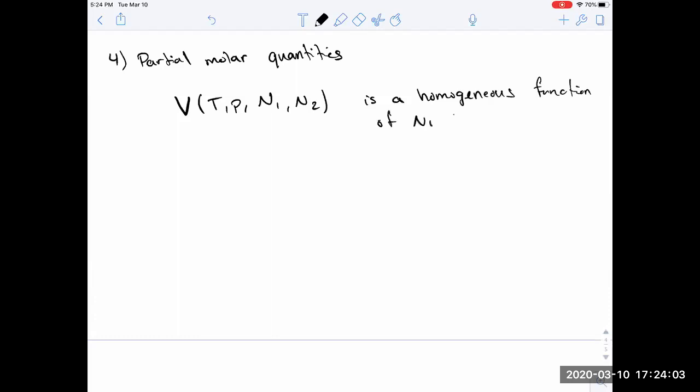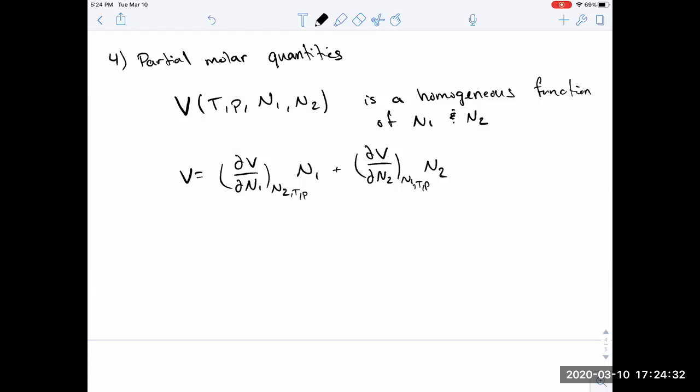of N1 and N2, which means that by Euler, I can write the volume as how V changes with N1 at fixed N2 times N1, plus how the volume changes with N2 at fixed N1 times N2, temperature and pressure being held constant as well. This says that I can write the total volume of the system as something linear in the scale N1 and the scale N2.